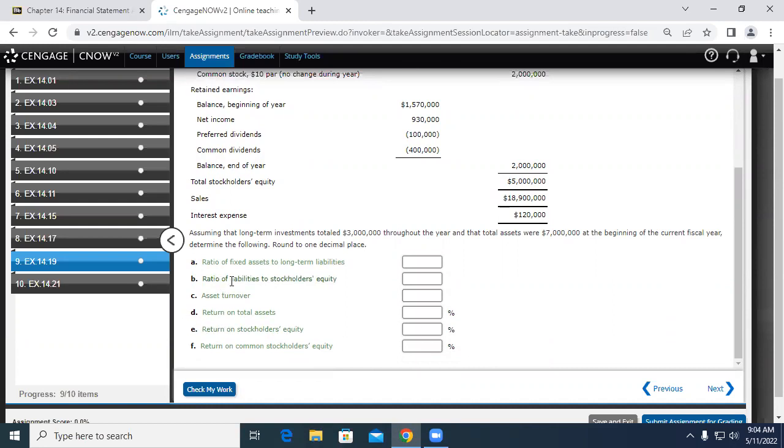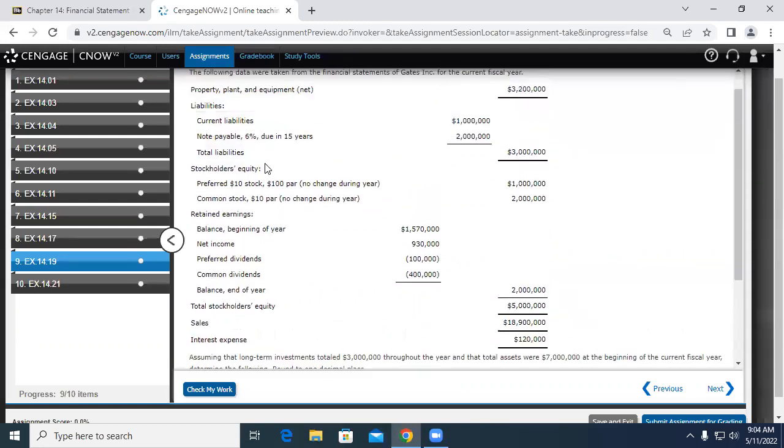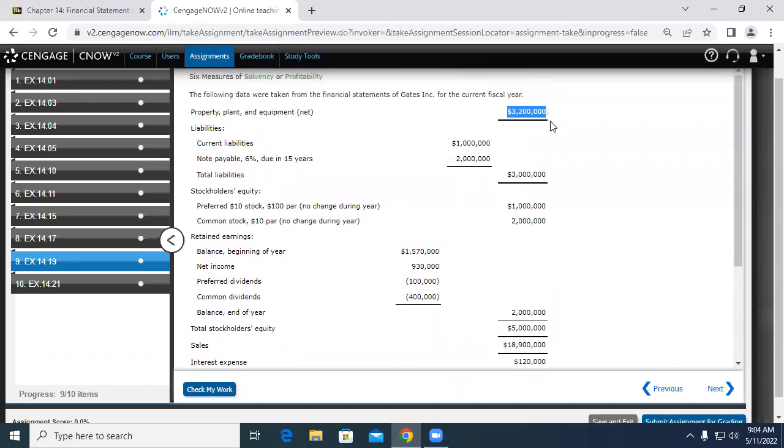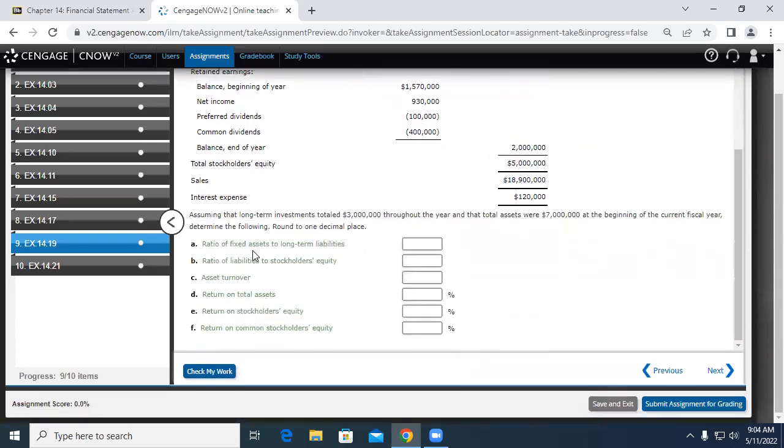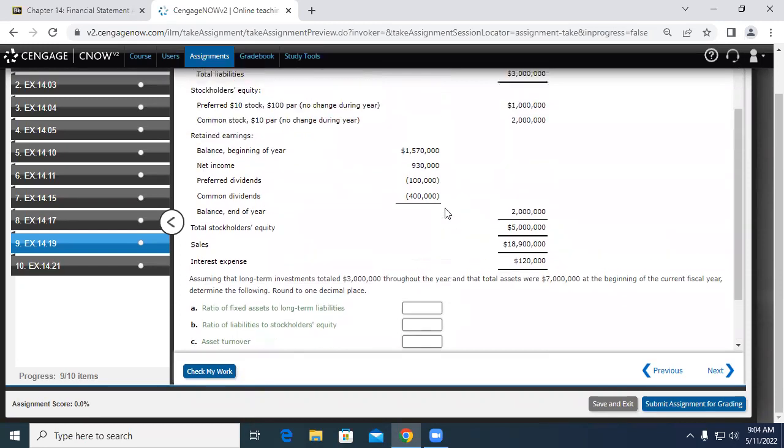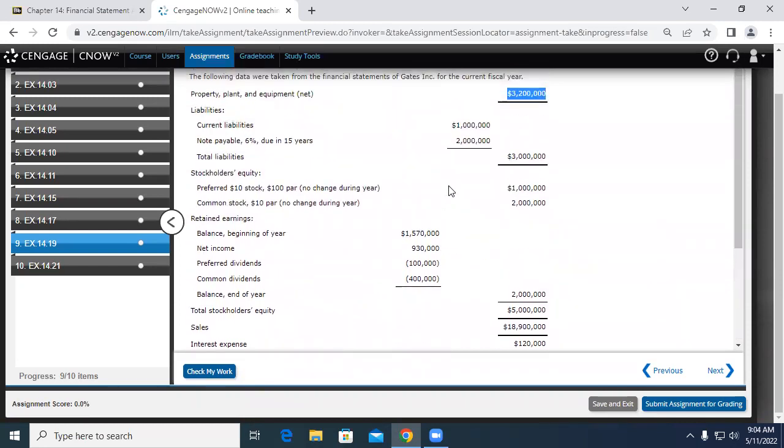So let's start with letter A, the ratio of fixed assets to long-term liabilities. So this $3.2 million represents our fixed assets. So $3,200,000 as a ratio compared to our long-term liabilities.